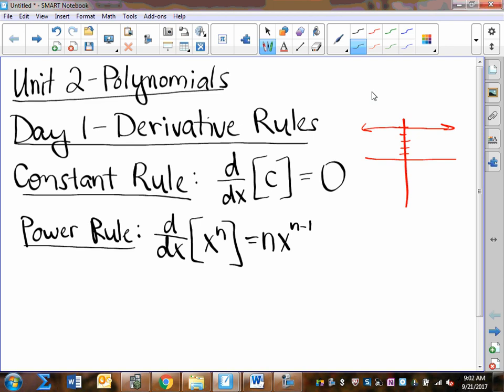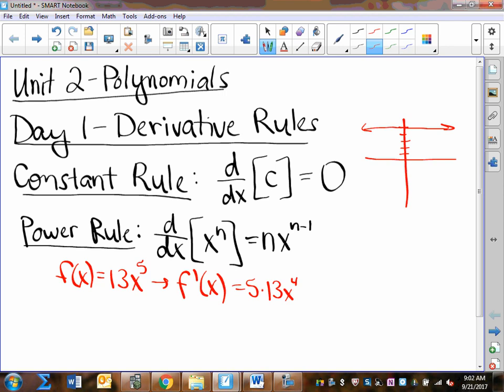So with this, we should be able to find the derivative of even something crazy such as f of x equals 13x to the 5th power. What would my derivative be? 5 times 13x to the 4th. Well, we could simplify that.